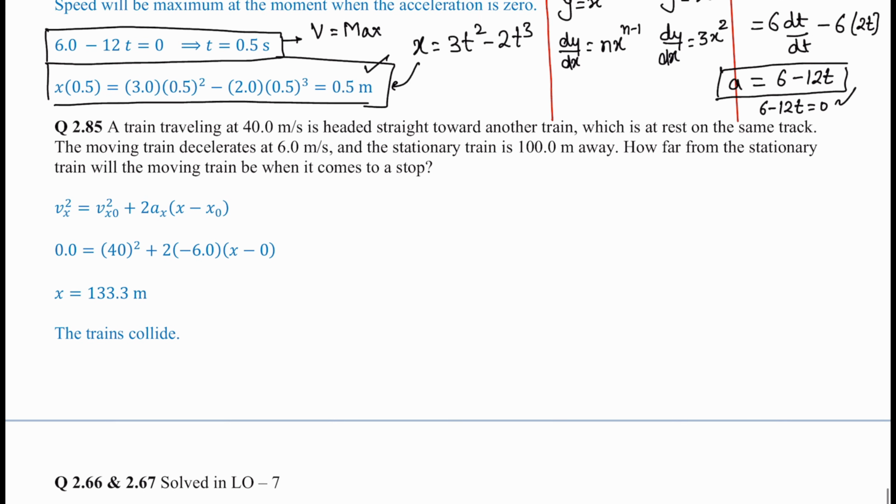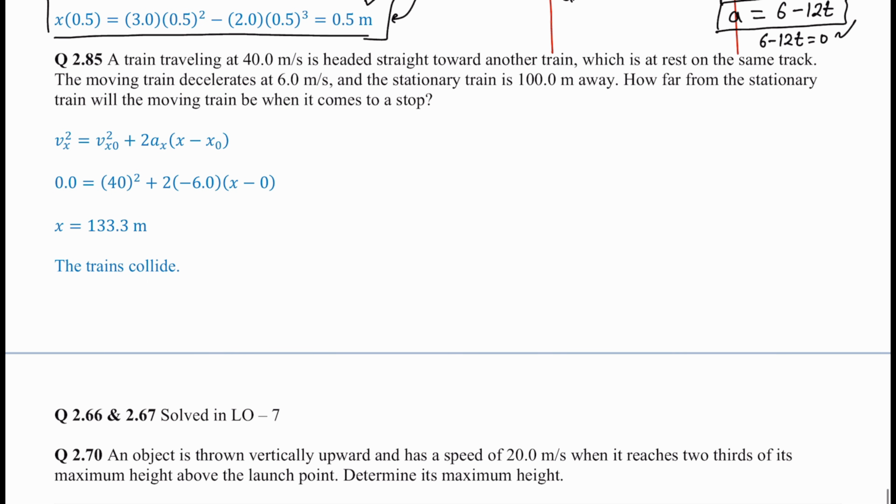Okay, next question. This is something good one. A train is traveling. Let's say this is the train. It is traveling with a speed of 40 meter per second. It means this is the initial speed, vxi, which is equal to 40. It is heading straight towards the train which is at rest on the same track.